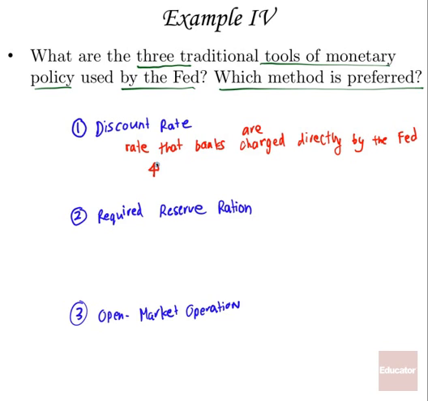Raising the discount rate will lower the money supply, whereas lowering the discount rate raises the money supply.